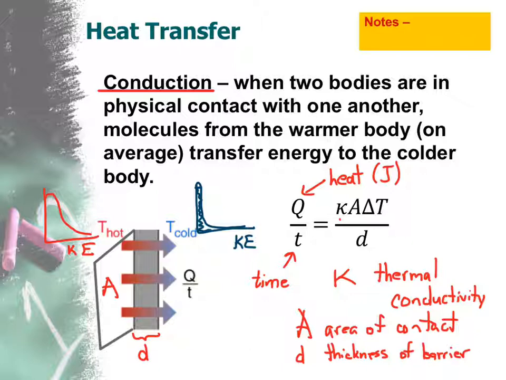Well, this formula actually gives us the answer right here. It turns out that this thermal conductivity changes for different materials. The thermal conductivity of air is very low, which means there is a very low amount of energy transferred every second from the hot air into your hand.